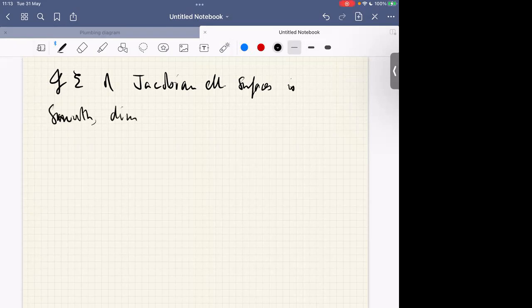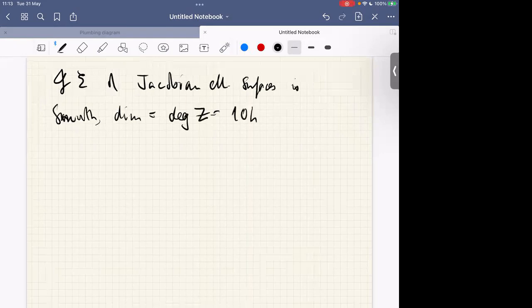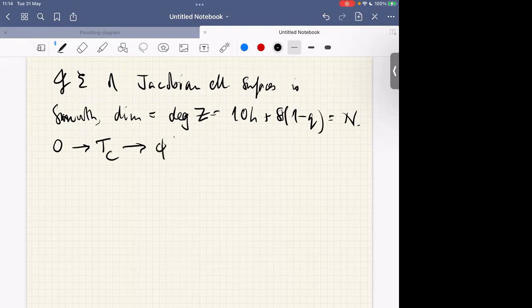Its dimension is the degree of this ramification divisor, which is 10H plus 8 times 1 minus Q, which I will call N. And then, by looking at the ramification, we have a short exact sequence of sheaves on the curve.